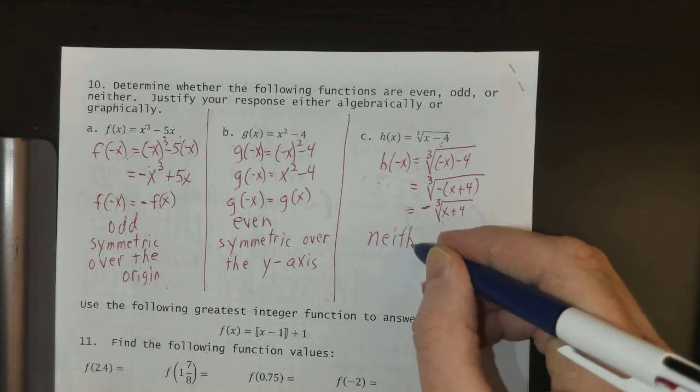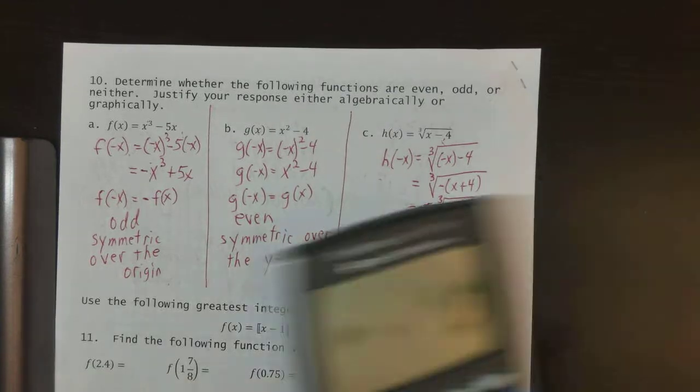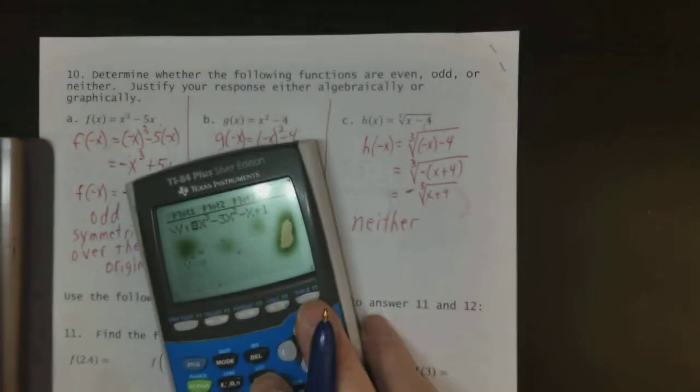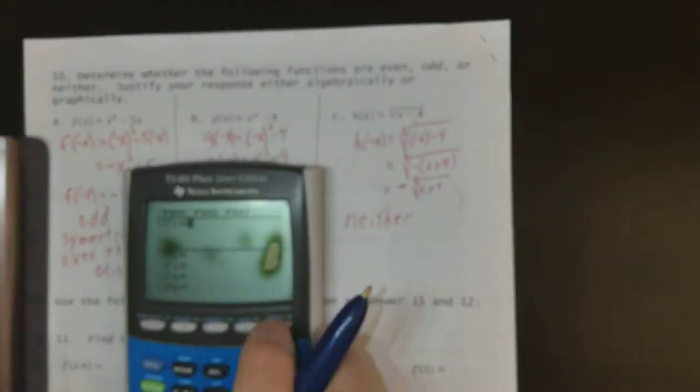And if you wanted to check, just to see where the symmetry would be, you could just put in y equals, let me clear the last one out, and the cube root, which is math, and number 4 down here is actually a cube root, and put x minus 4 in underneath that, and look at that graph.